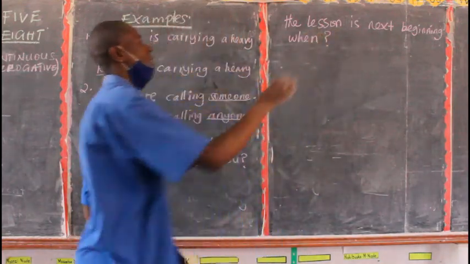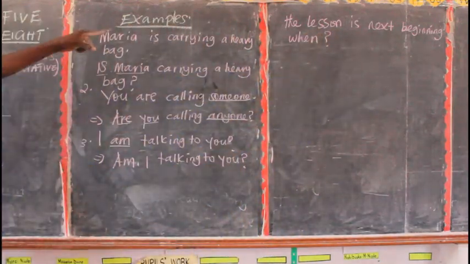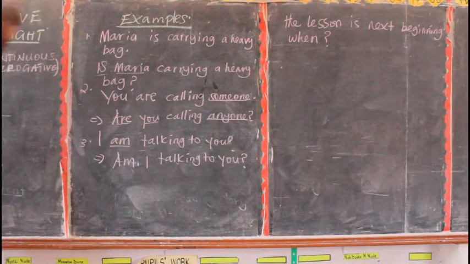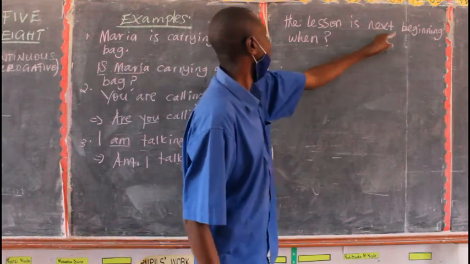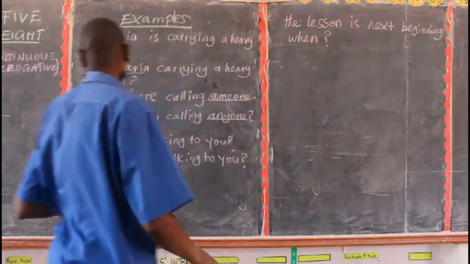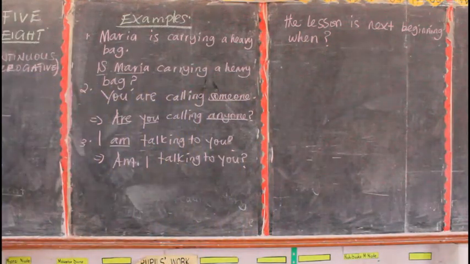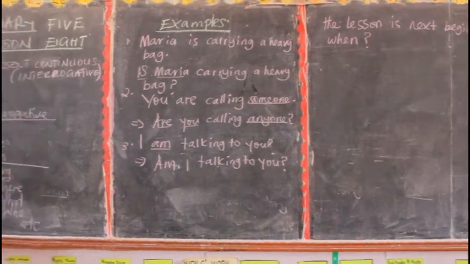Question mark. Then they will say rearrange the sentence correctly. The lesson is next beginning when. According to this rule, I have said that when a sentence carries both a questioning word and a helping verb, it is the questioning word first.